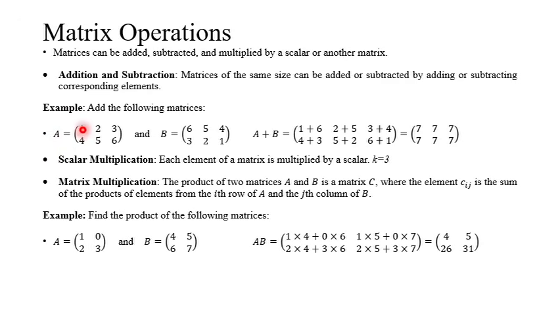So the first element here, this 1 will become 3 times 1. This will be 2 times 3. This will be 3 times 3. This will be 4 times 3. This will be 5 times 3. This will be 6 times 3. In other words, you multiply the scalar value with every element in the matrix to achieve a scalar multiplication.